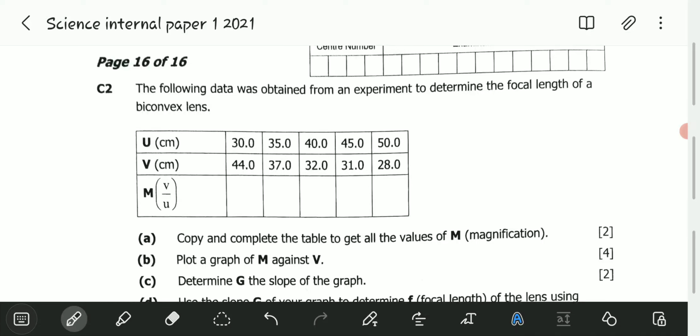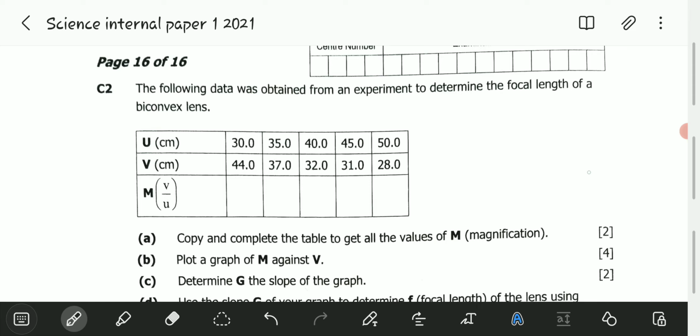In this video, we will be looking at the November 2021 Science Paper 1, question C3. Now, why have I chosen to start with question C3? The reason is simple. There has been an urgent need for people to improve their graph plotting skills.